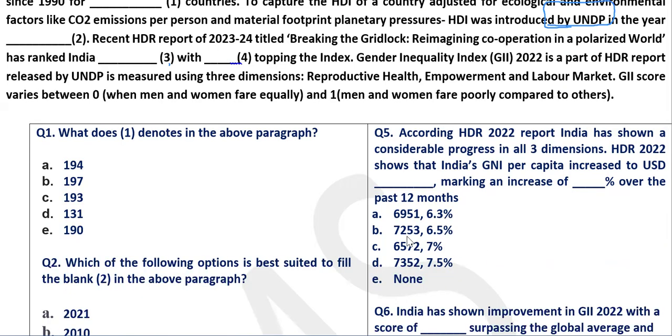Options are $6,951, 6.3%, 7,253, 6.5%, 6,572, 7%, 7,532, 7.5%, none of the above. Students, the correct option is option A, 6,951 USD, 6.3%. Clear? An increase of 6.3%. Option A is the correct answer.